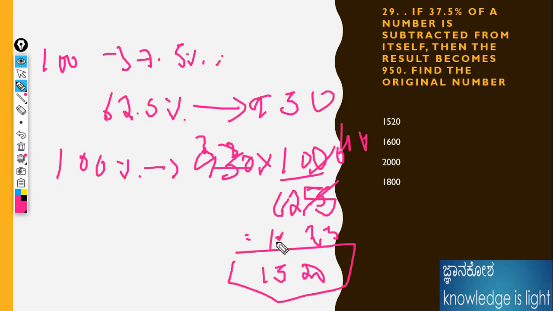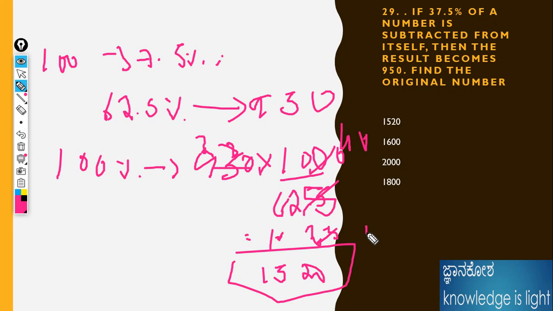Don't consider why I'm doing it fast, because 625 is 5 into 25, 625 for 25 for the 100, that means I've taken 40, then 25 by 38 is 950, then I multiply those numbers, we are getting 1520. That's it, don't confuse 38 into 40, we are getting 1520 as the answer.